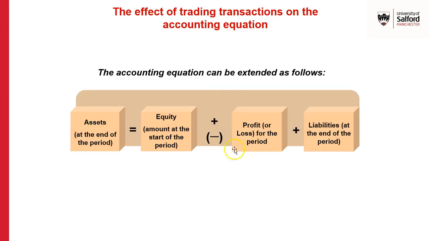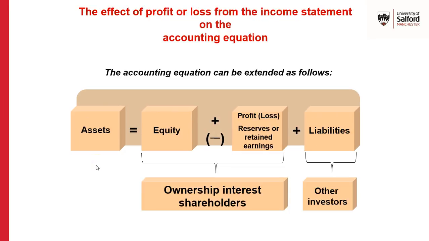So yes, it's an increase in assets, but not necessarily in the form of cash. It may just be debtors. A lot of people owe me money. I made a profit. Well, that's how it is in accounts. Obviously, it leaves open the question as to whether those debtors are actually going to pay you or not. And that is a crucial aspect of business.